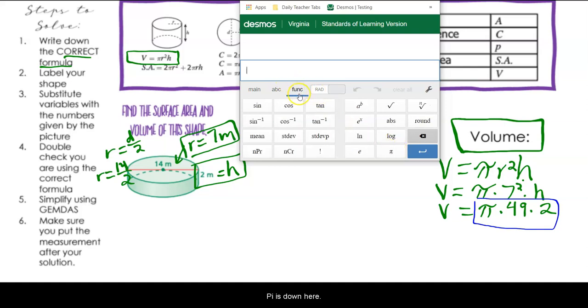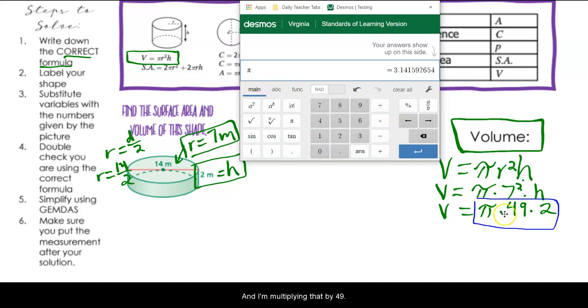Pi is down here with the function key. This is the third place on our Desmos, FUNC function. We're going to click on pi. I'm going to go back to my main, and I'm multiplying that by 49. And then I'm finally going to multiply by the height, which is 2.